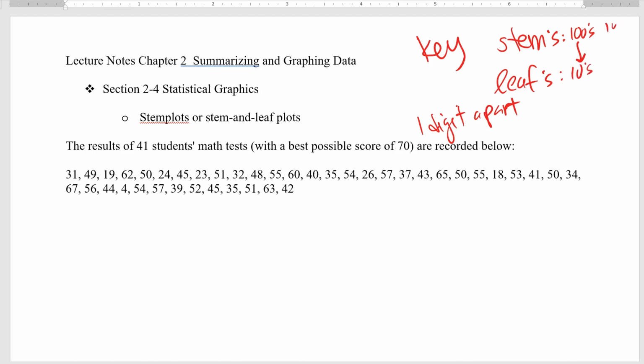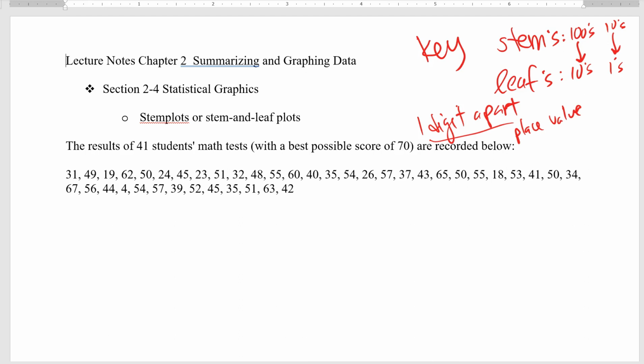If this was tens, this would be one digit less, ones. If the stems were thousands, this one would be hundreds. If the stems were ones, then these would be tenths. We're not going to get into the complicated ones, but the key is that they're one place value apart. So the leaves are always one place value less than the stems.